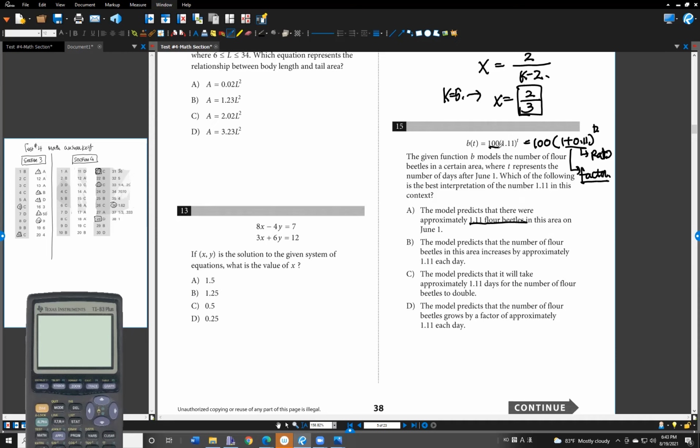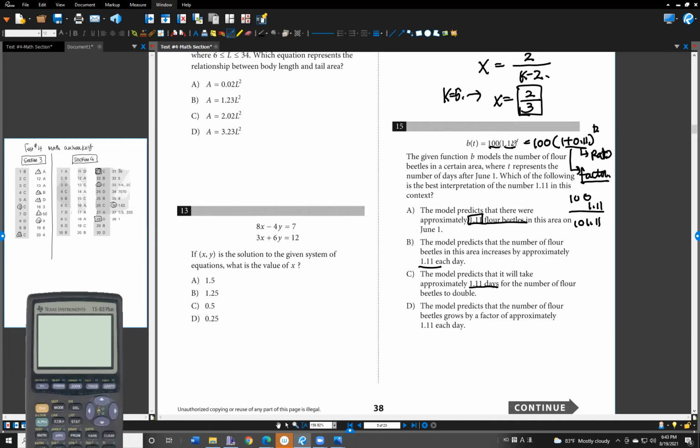Next year, what is that? 100 over here, times 1.11, the next will be 111. No good. This is the number of days? It's not working, because t is a number of years.